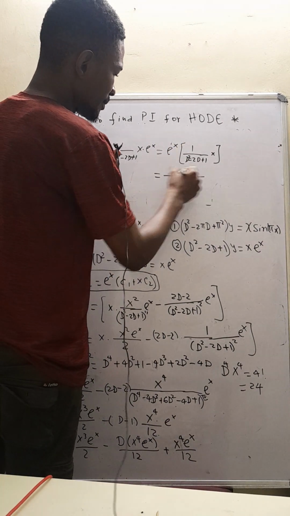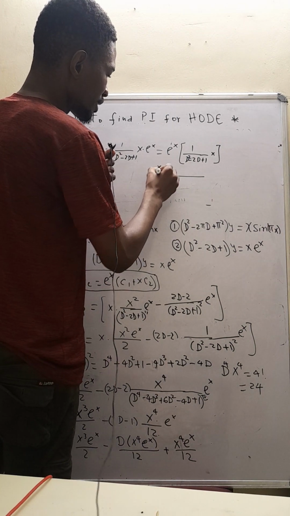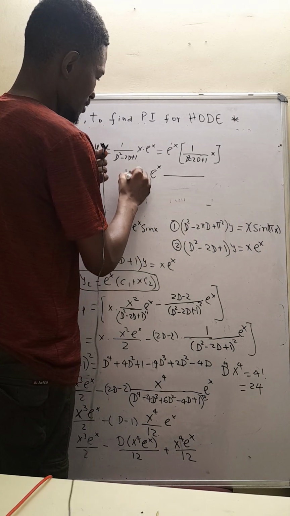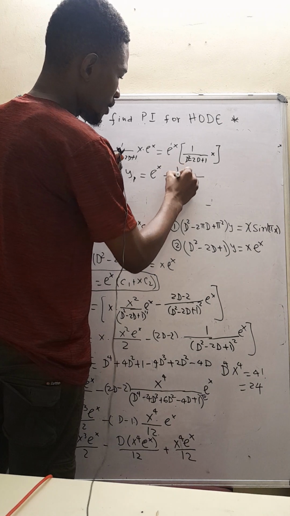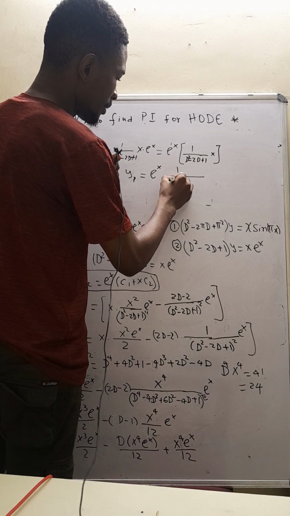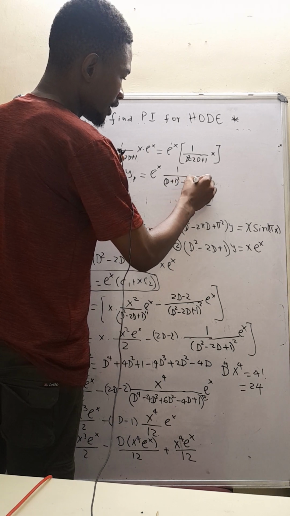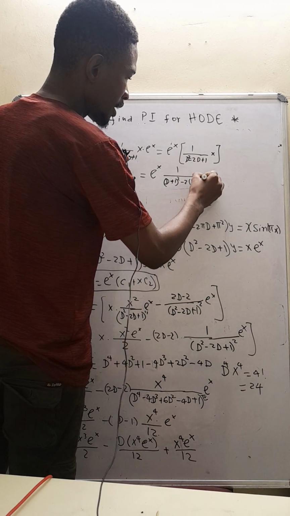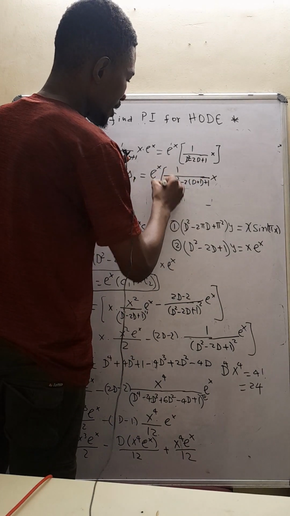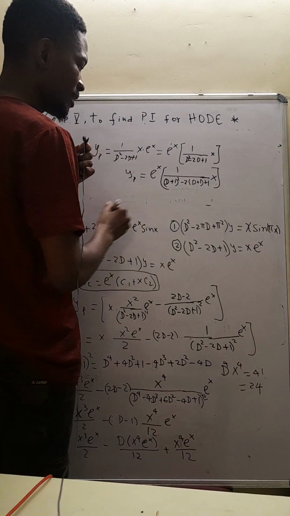So it will be Euler raised to x, and here you get d plus 1 squared minus 2 times d plus 1 and plus 1, all times x. Okay?